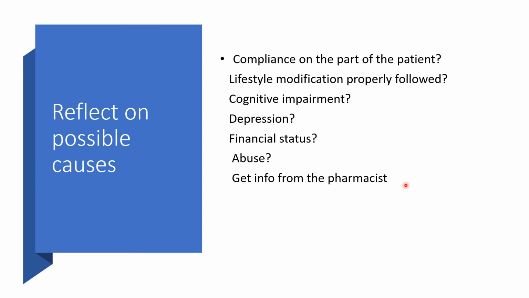Get information from the pharmacist about refilling, whether these medications are getting out and getting to the patient at all. Sometimes you send a requisition and nobody will even come to get the medication at the other end. And then they're back after 1 month and tell you the BP is still off, it's not working, and you don't know what they're doing. So just find out from the pharmacist.